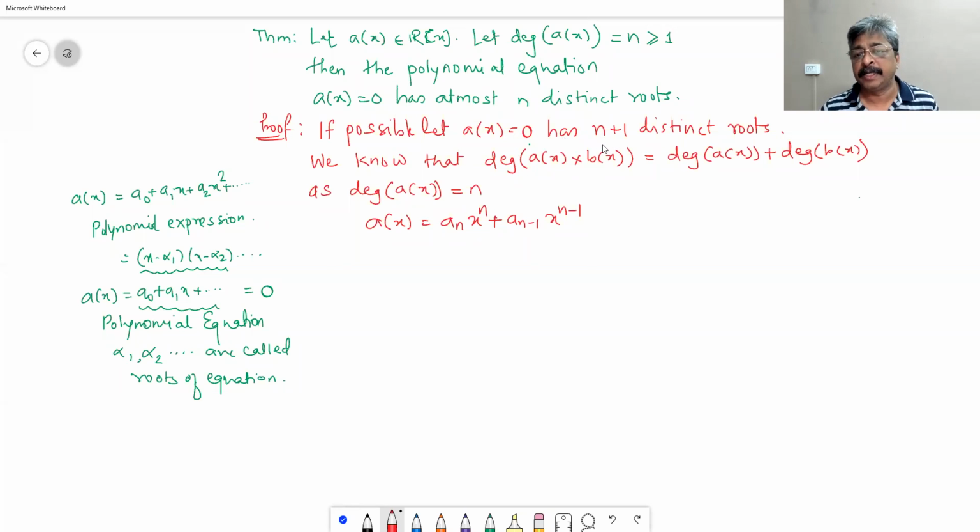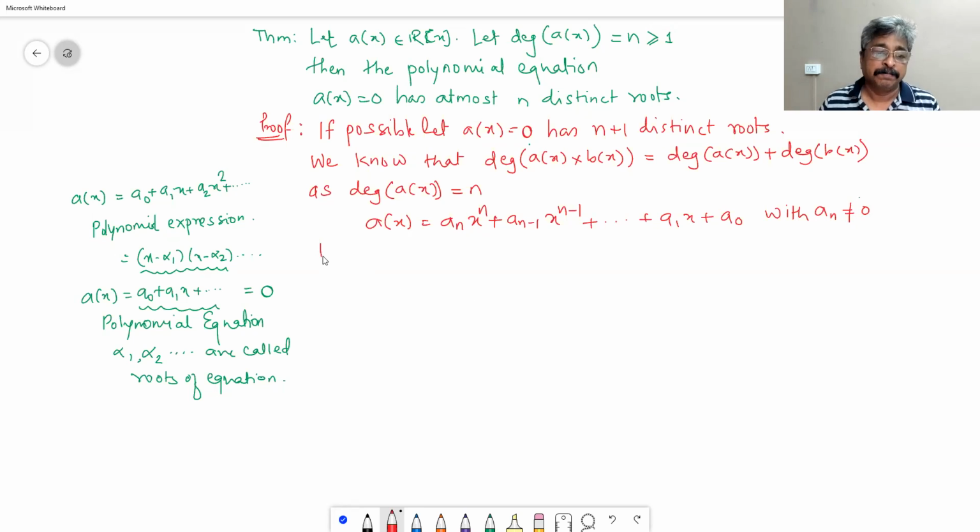Let us assume that it has n plus 1 distinct roots. We know that the degree of a(x) times b(x) is the degree of a(x) plus the degree of b(x). As the degree of a(x) is n, a(x) will look like this, with a_n not equal to 0. Therefore that degree is existing, and the nth coefficient is not 0.